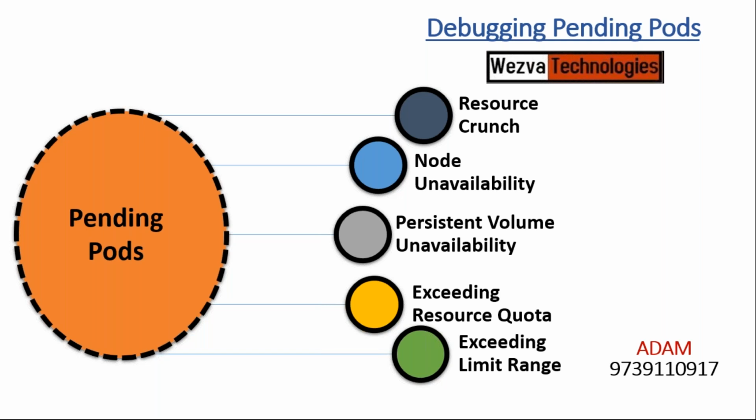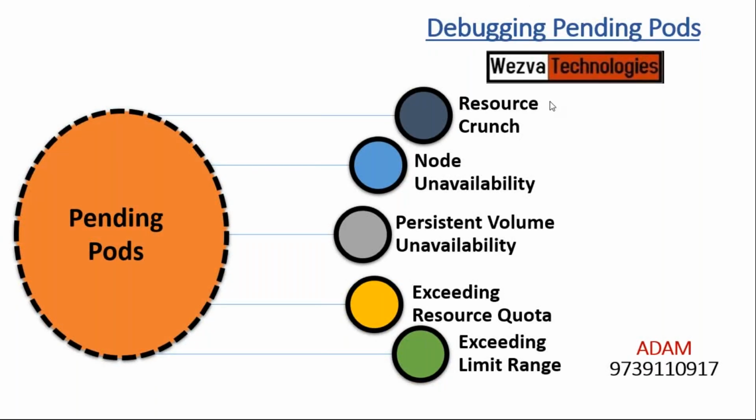To solve this, you first need to identify whether it is because of the persistent volume, and then you need to talk to the administrator, or if you are the maintainer of the cluster, then you need to add more persistent volumes or increase the size of the existing persistent volumes. So this is another scenario that we will see.